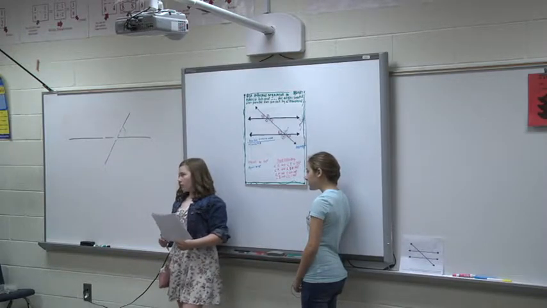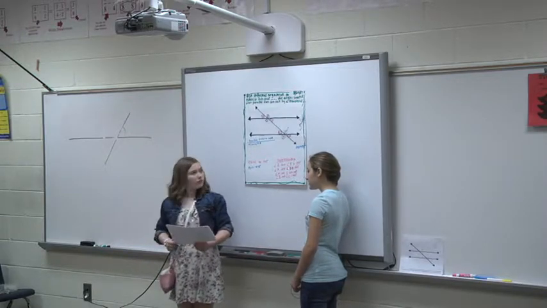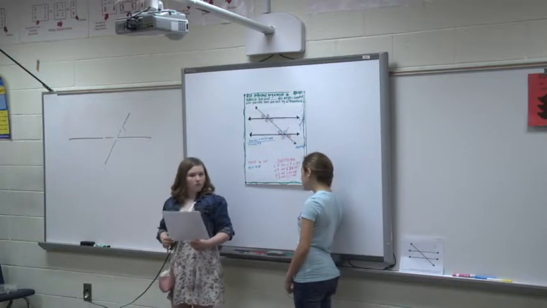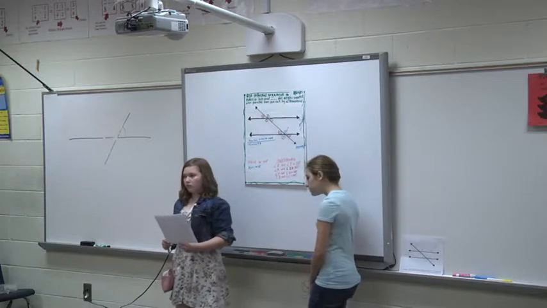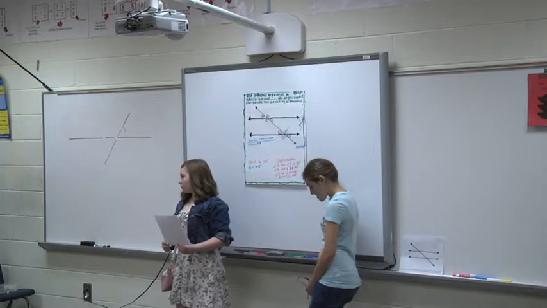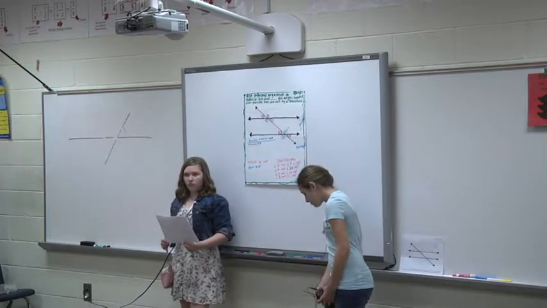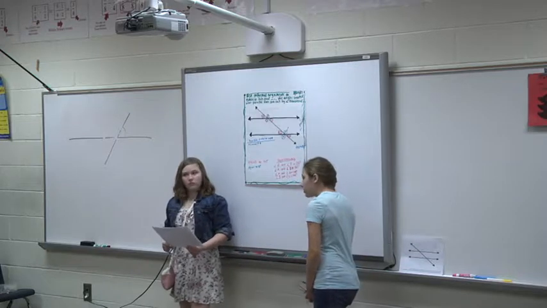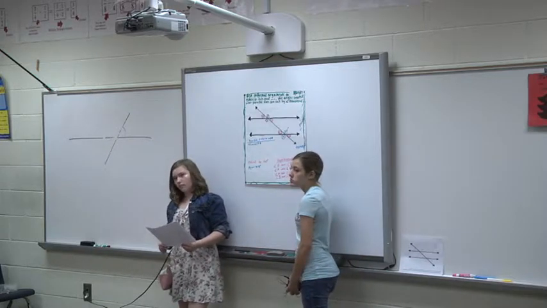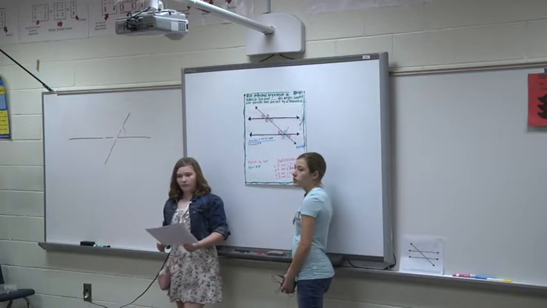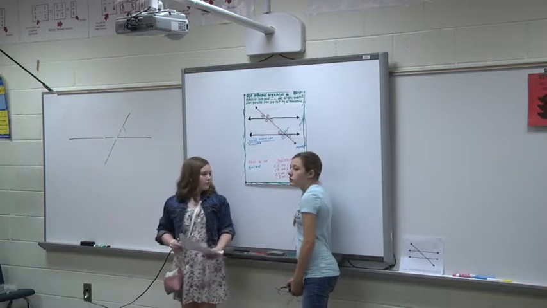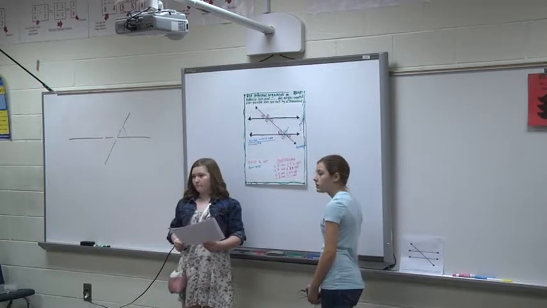Because right here on the line it equals 180, and if you move it over, you have to subtract the 85 from 180 to get 95. Is he right? Yeah. And thank you for doing that. All right. Anybody else have a question?